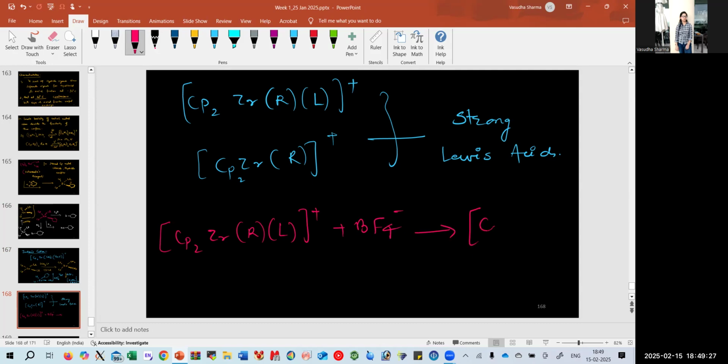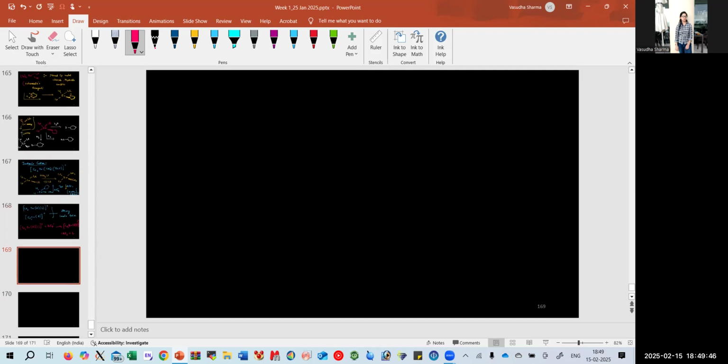And when F minus comes into the picture, the zirconium ligand will go out, F would come inside, and the charge is gone. So BF3 would be released and L would be gone. So this is 0. These are two particular examples, Jordan's as well as a Schwartz reagent, having both hydride and halide in the picture.